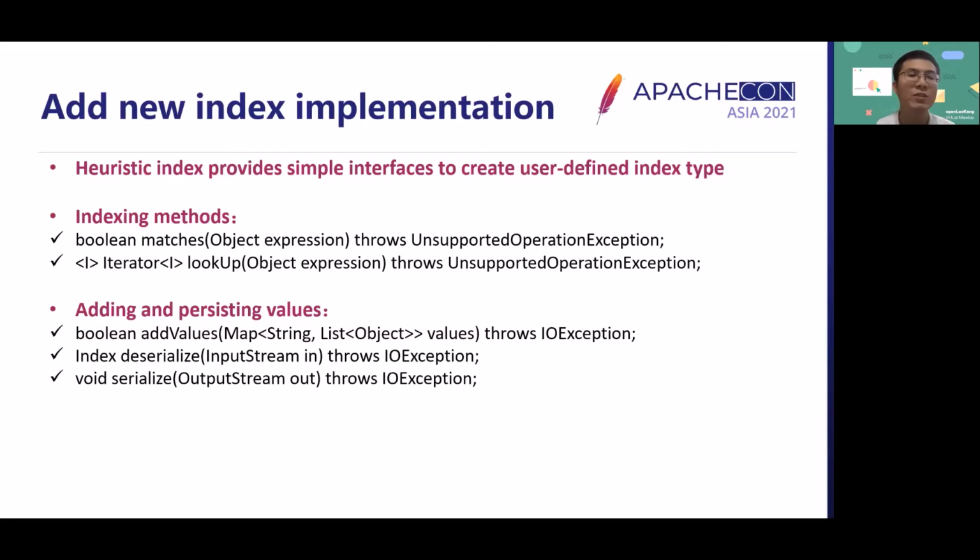So we can use the matches method to quickly prune the index data. The lookup just returns the iterator of the index technology, and the lookup interface is not necessary. For adding and persisting values, we provide the interfaces add values, deserialize and serialize. We can serialize the value based on the input applications.